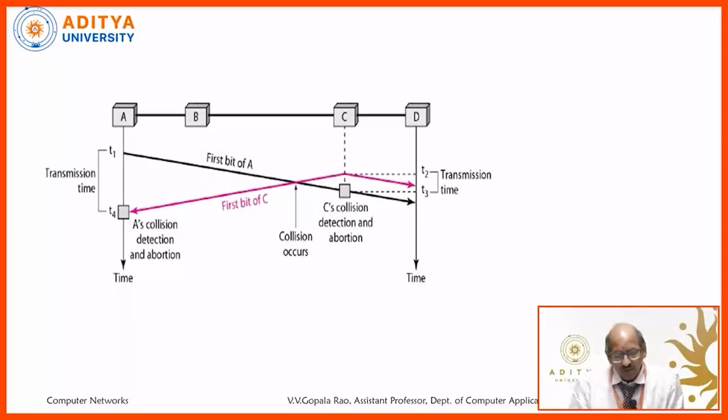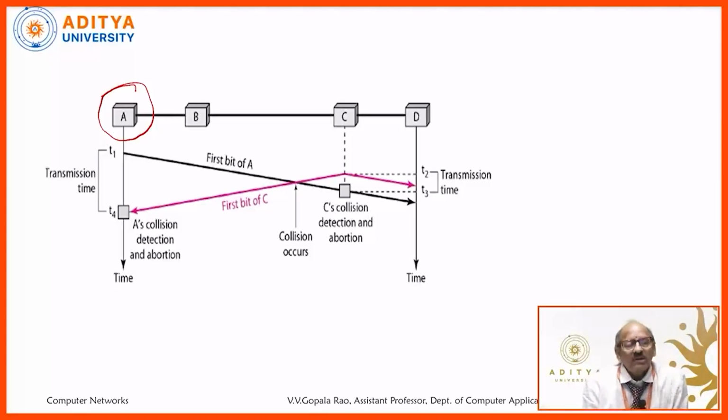Even though things follow CSMA, because of propagation delay there may still be some chances of collision. If you see the slide, there is an example here. Suppose A is a station trying to send some information. As far as CSMA is concerned, it has to sense the channel, whether it is idle or busy.